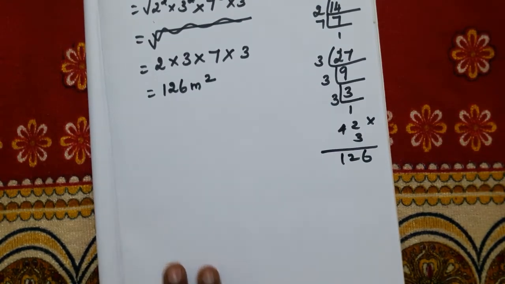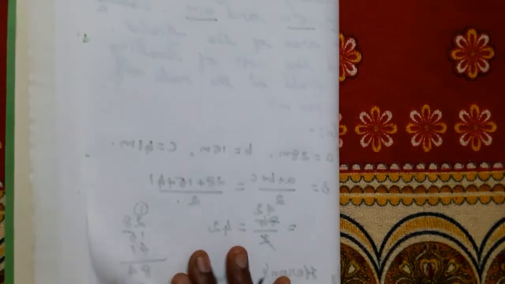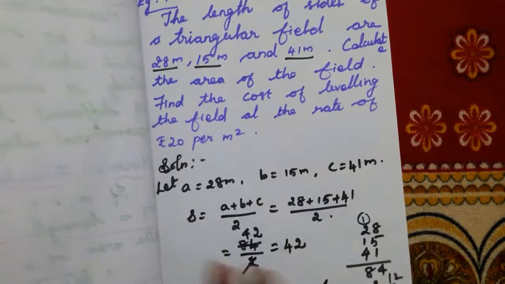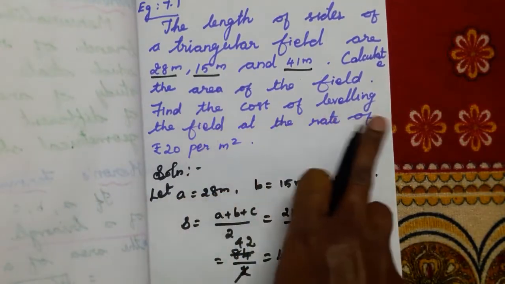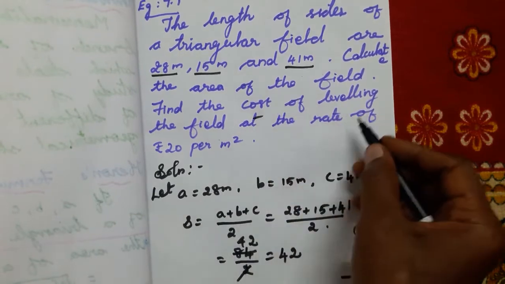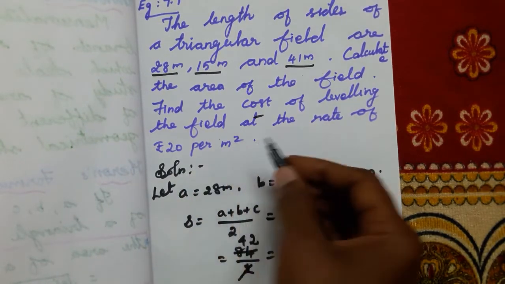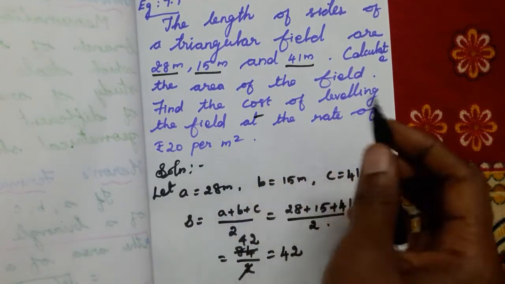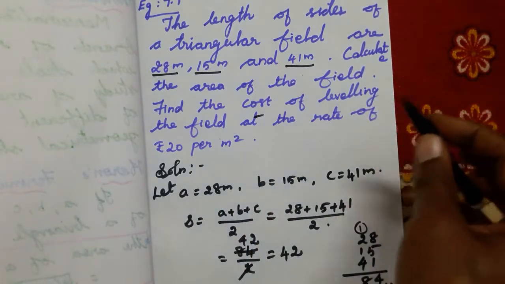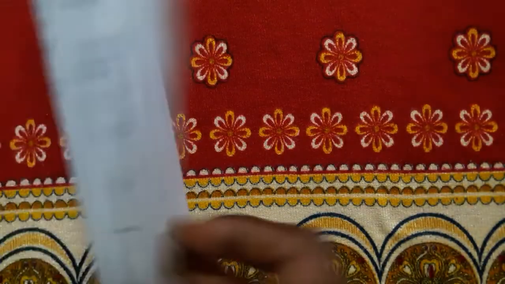Now, what is the question? In the question, what is given? Find the cost of leveling the field at the rate of rupees 20 per square meter. We want to find out the total cost of leveling.